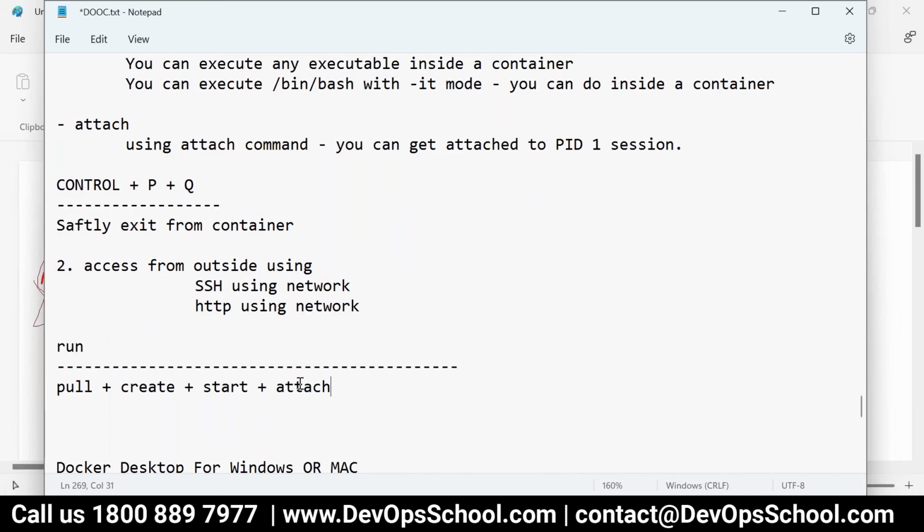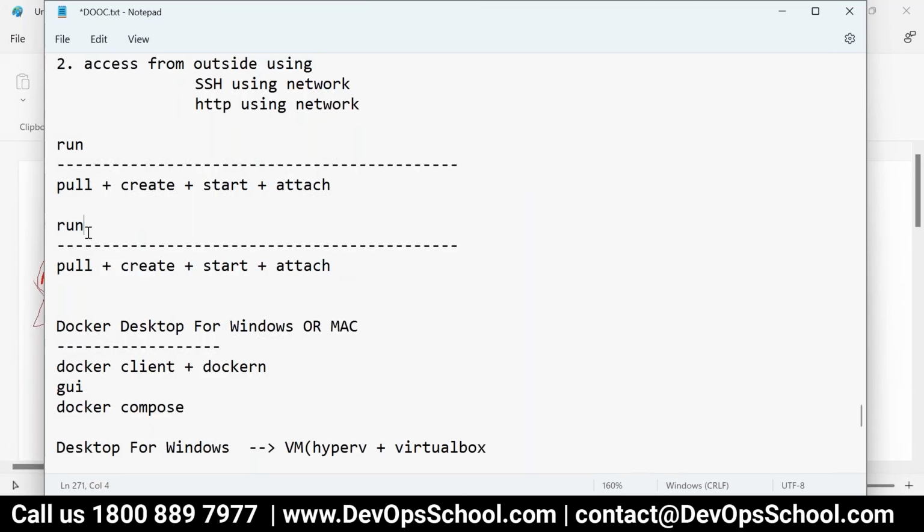So guys, this whole flow is equal to the run command. That's all. We don't use this flow because we use run a lot. So if you want to do pull plus create plus start and attach to the PID on the container, we do the run command. And many people use the -d option, D for detached.